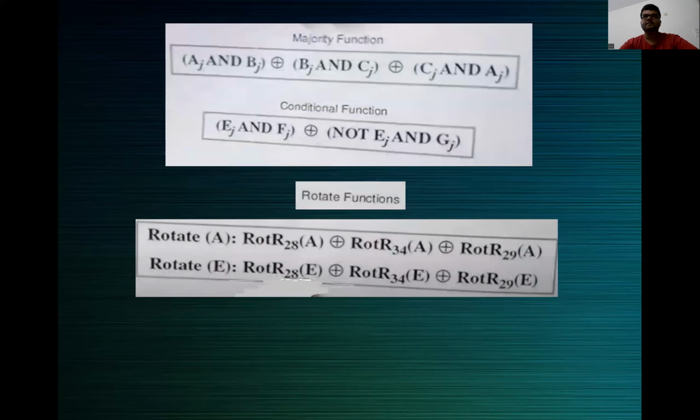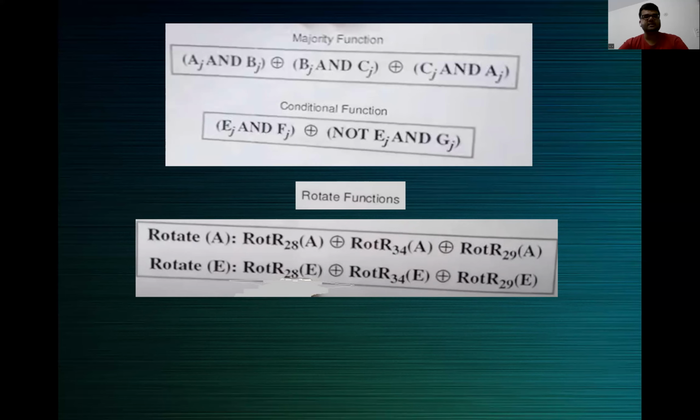As you can see here, this is the majority function, which I'll read out. It is bracket open Aj and Bj bracket close XOR bracket open Bj and Cj bracket close XOR bracket open Cj and Aj bracket close. And the conditional function is bracket open Ej and Fj bracket close XOR bracket open not Ej and Gj bracket close.